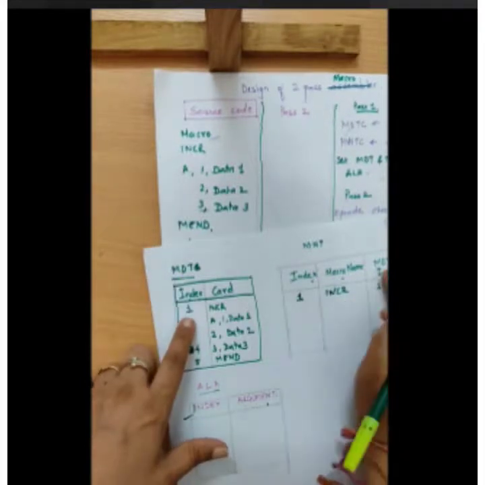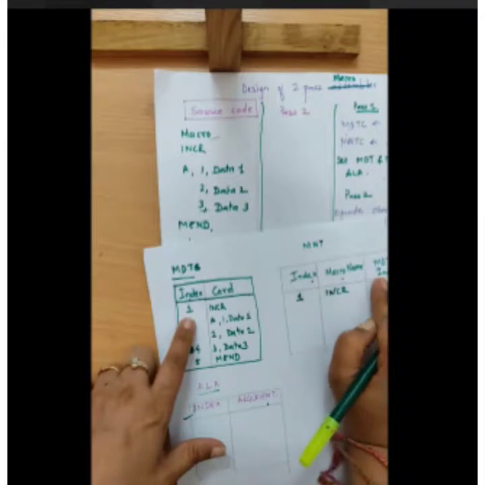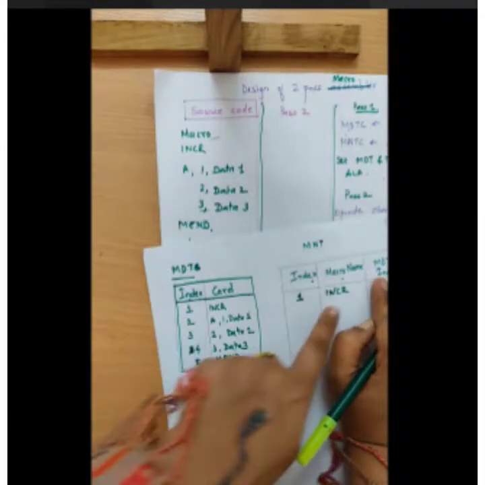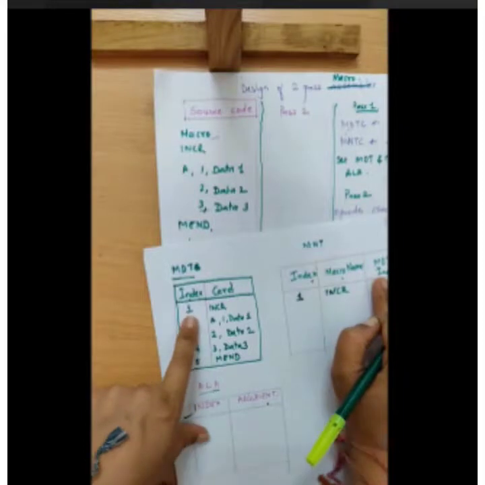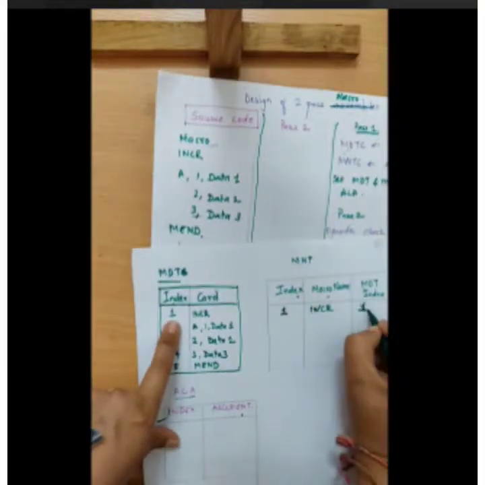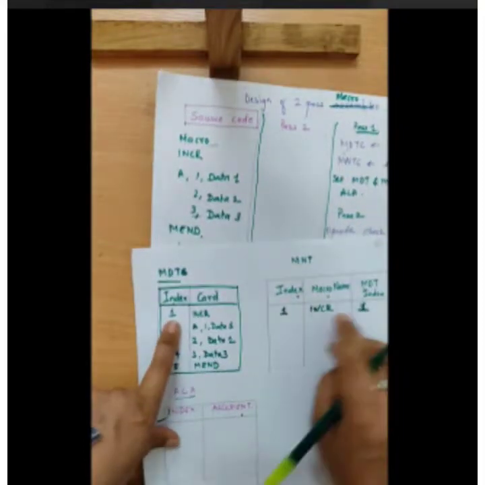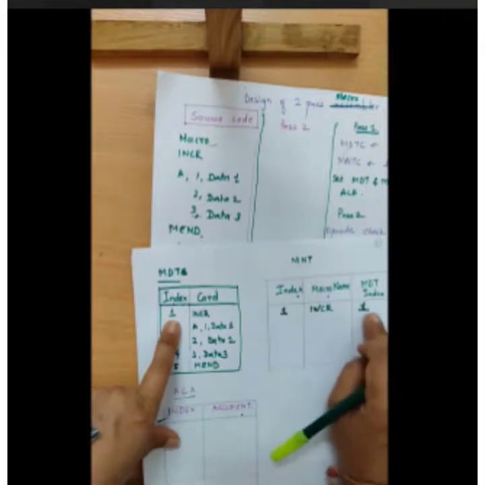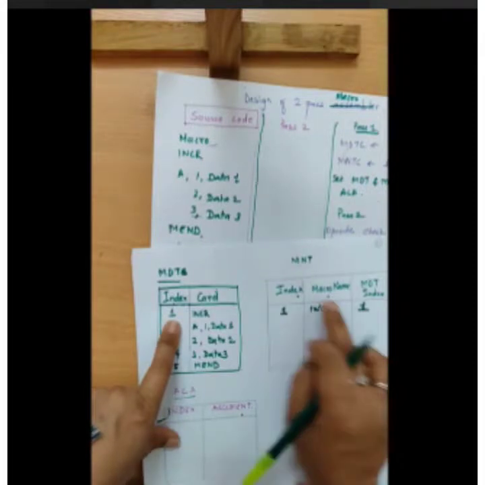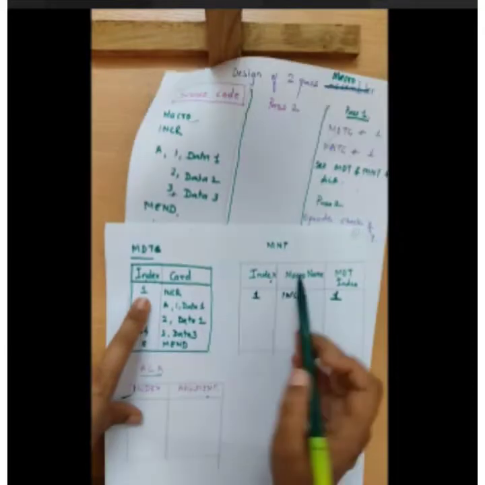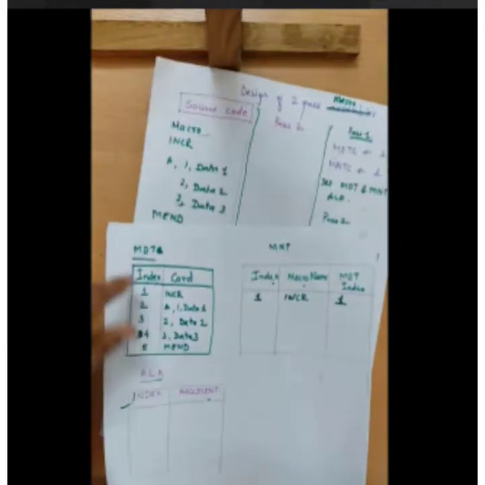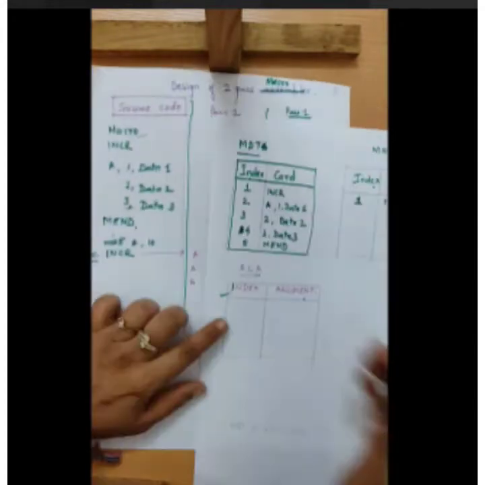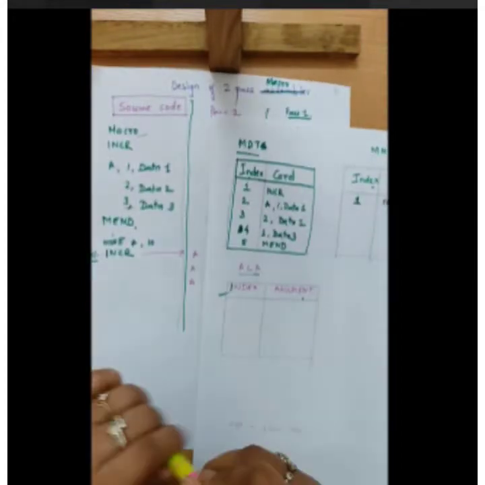Here we have to write the MDT index for this particular macro name. So what is the MDT index? It is 1, right? So you have to write 1 here. So the MDT index reference for this particular macro name is 1. So that is our entry for the MNT table. Clear? Understood, dear students?